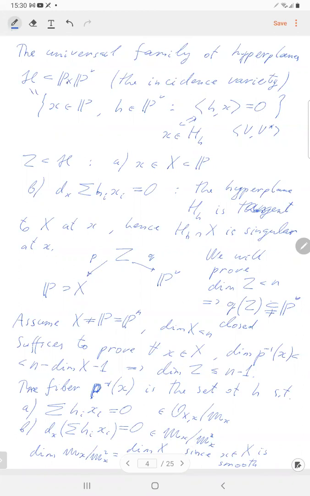So I mean that you do get exactly dim x conditions, equations. And the first condition is also linear and independent of the previous relations.